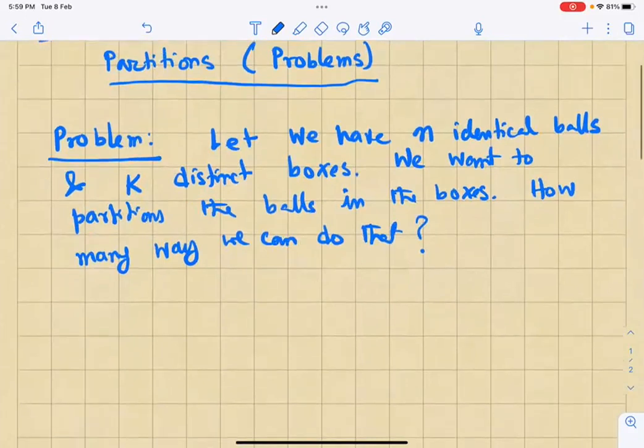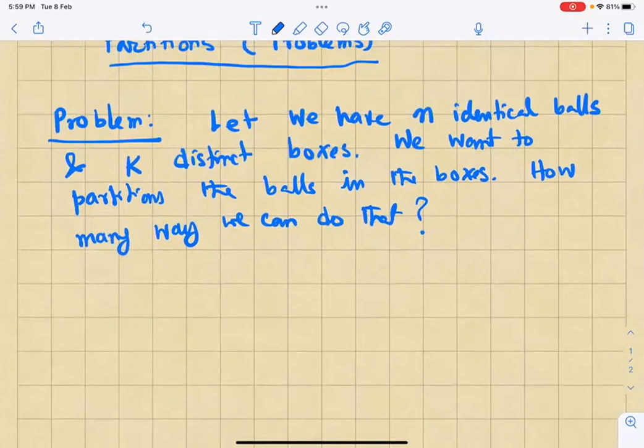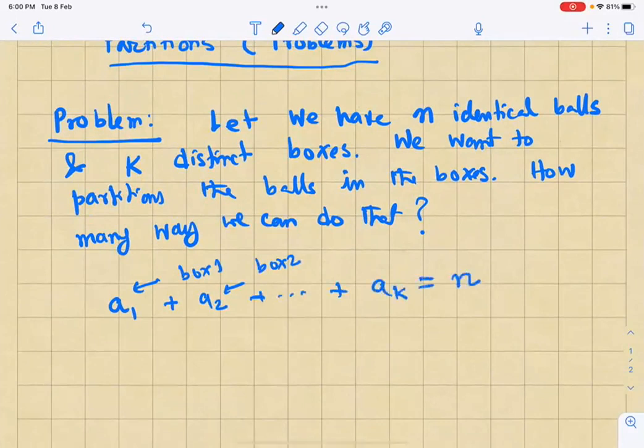Since boxes are distinct, let's say that A1 is the number of balls that go into box 1. Similarly, A2 is the number of balls that go into box 2, and so on up to Ak. And they must add up to n. So we want to decide how many ways we can choose these numbers so that the sequence A1, A2, ..., Ak adds up to n.